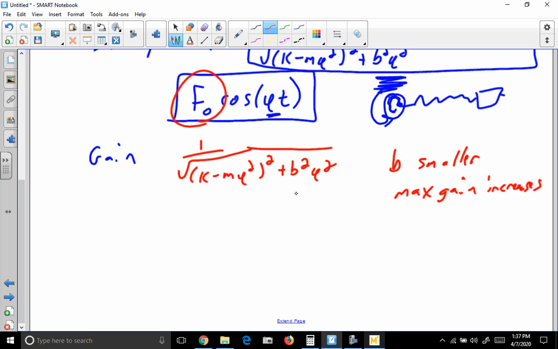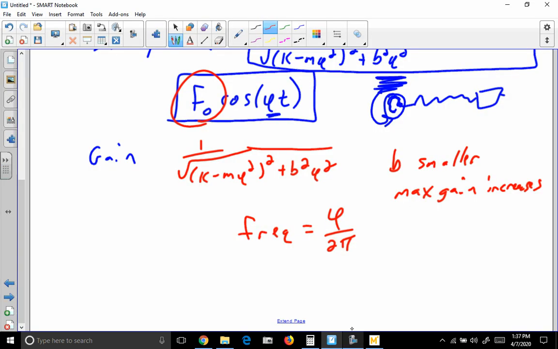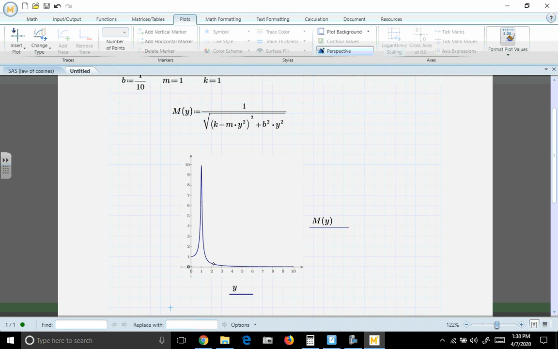It's still related to what our frequency is, and our frequency is gamma over 2 pi. So depending on which gamma you pick, if you pick a large gamma, then that means your frequency is really fast, and that's going to overwhelm your system.